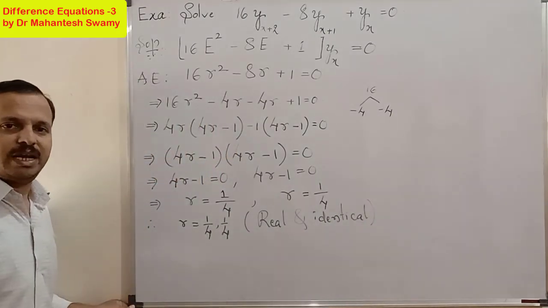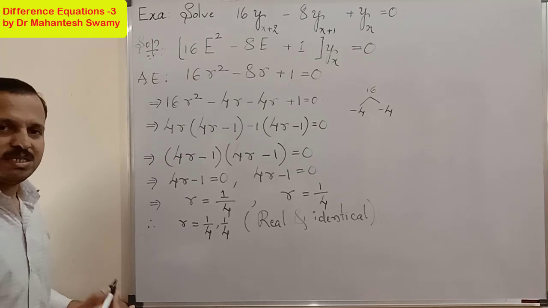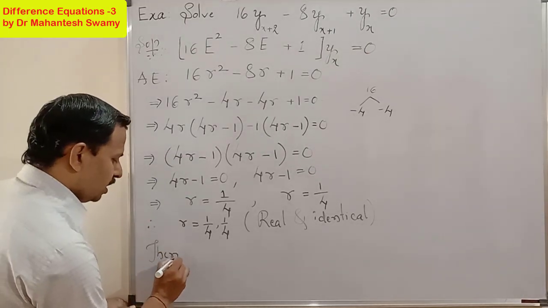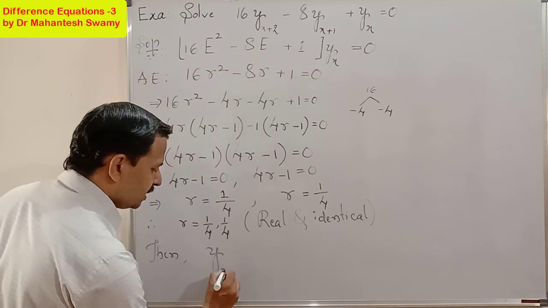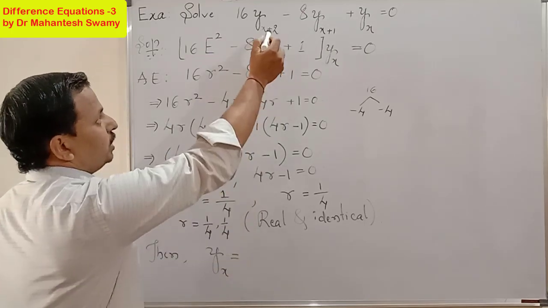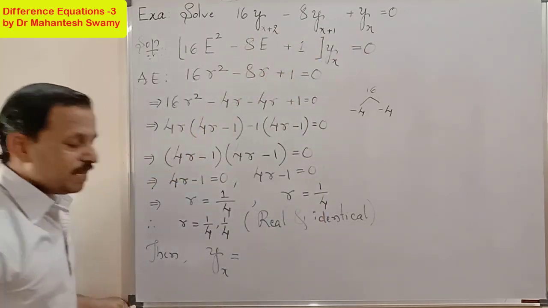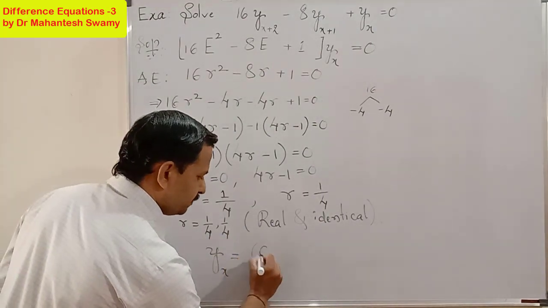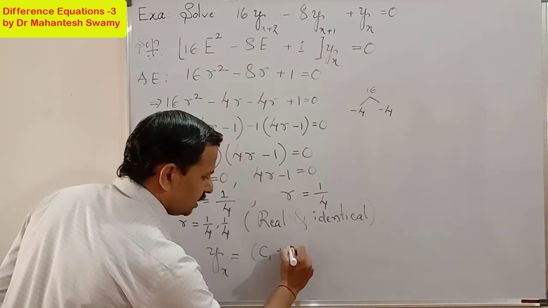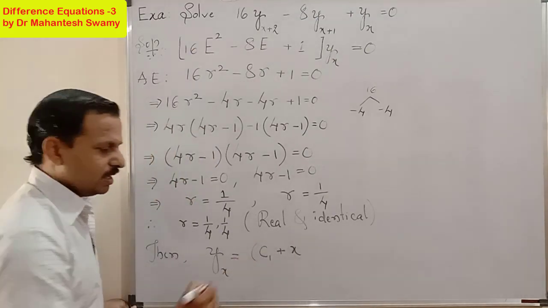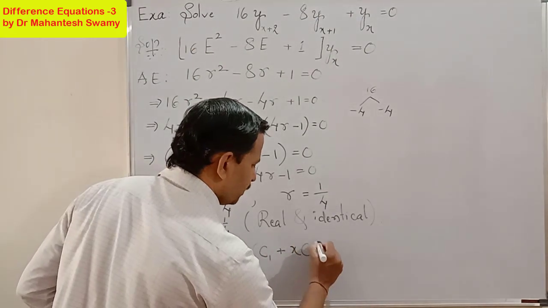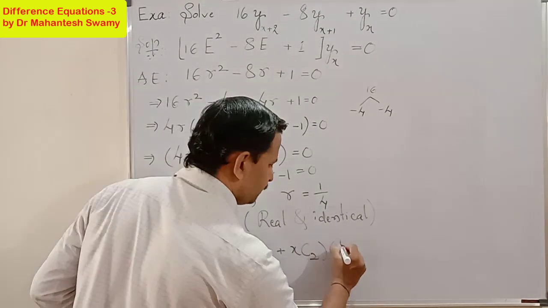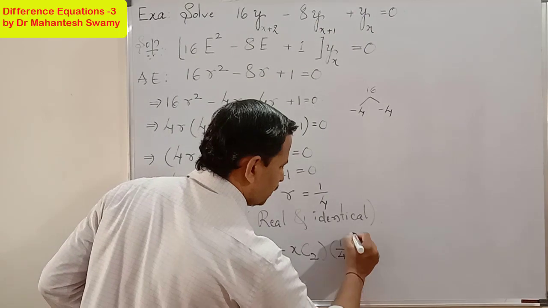Once we have the real and identical roots, what is the way of writing the general solution? Then the general solution is for y(x), because the unknown here is y(x), you can observe. y(x) equals (c1 plus the independent variable x into c2), whatever root we are getting here, 1 by 4 to the power x.